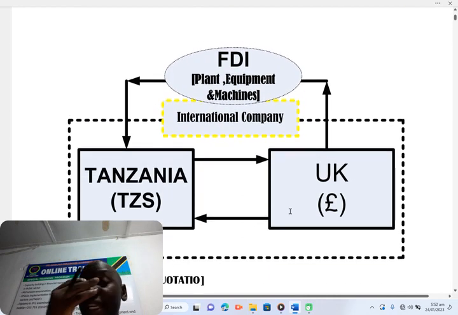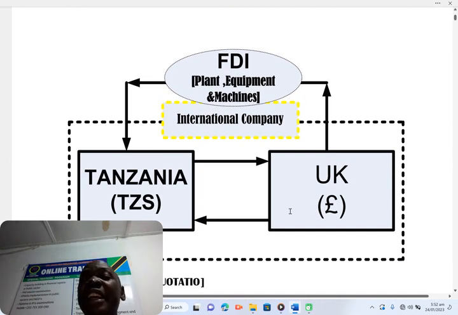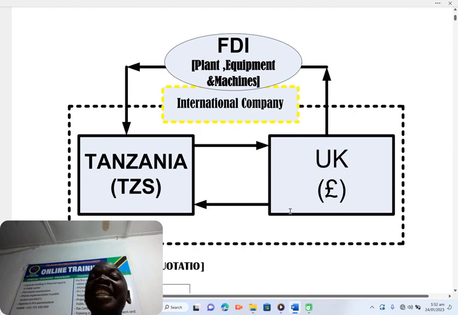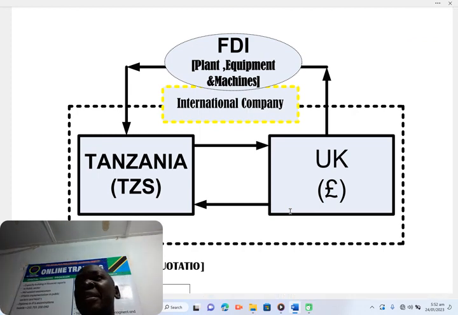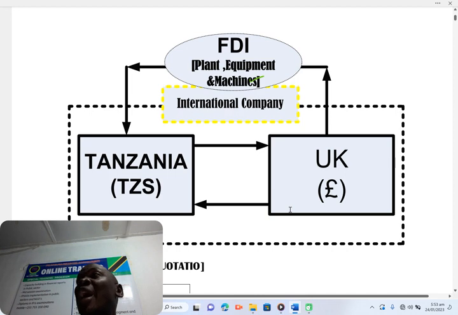In summary, we said something on foreign direct investment. This is a situation whereby the multinational from foreign country are coming to our country to invest in plant, building, equipments, and machinery. So the foreign donor will invest in our country and will require a fixed asset in our land.